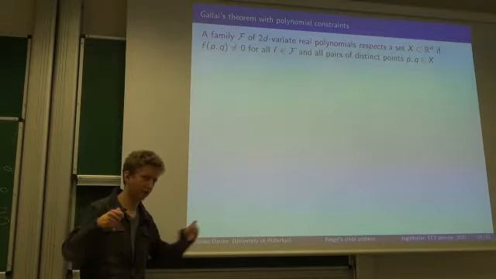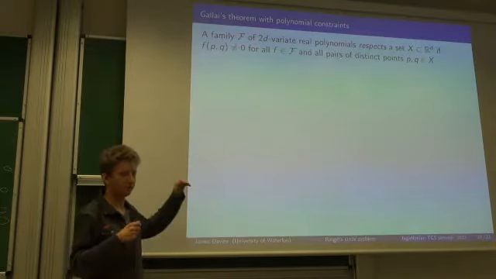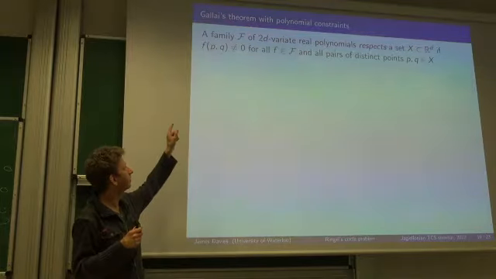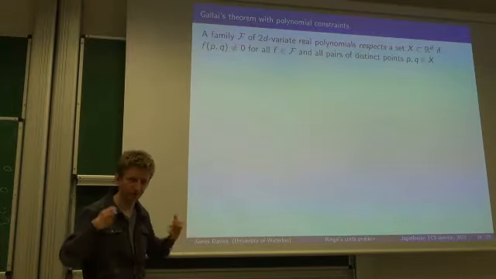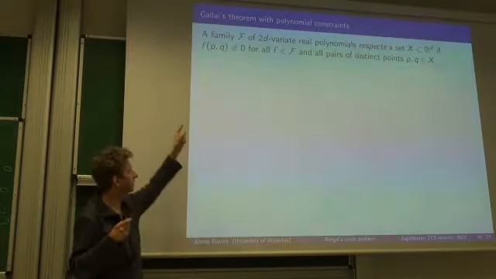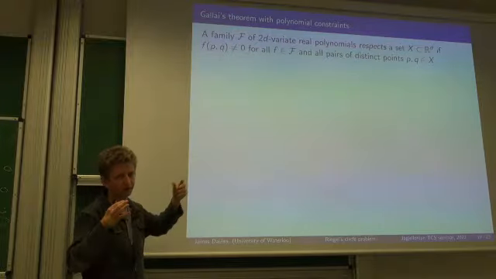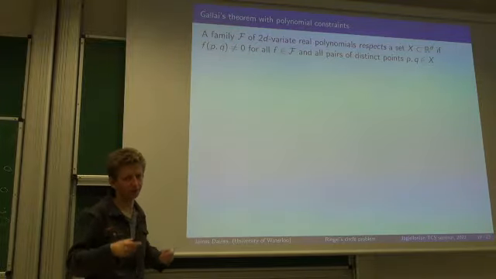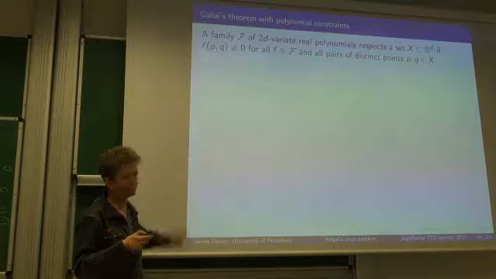So this captures what we need, right? If P and Q are both representing circles, we need these to be non-zero to not be concentric and non-zero to not be internally tangent, if we pick the appropriate polynomials.